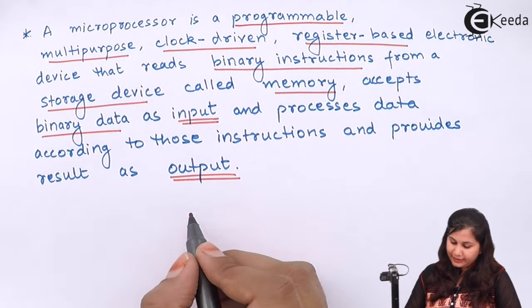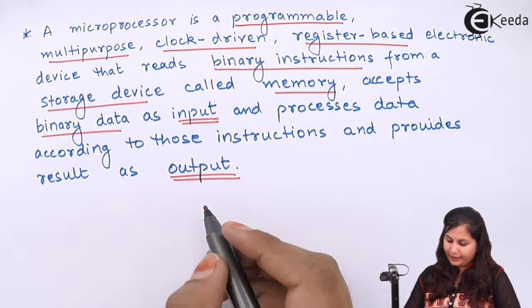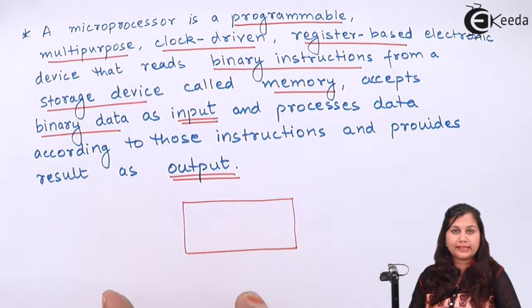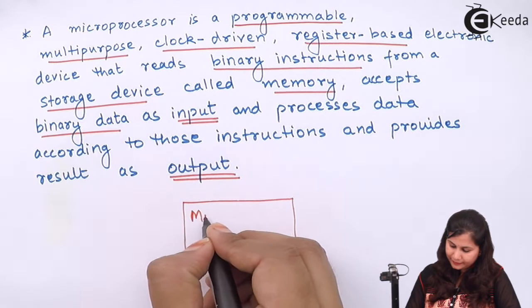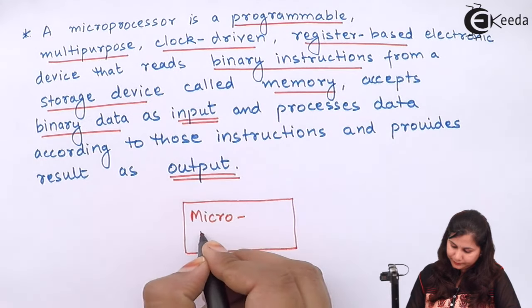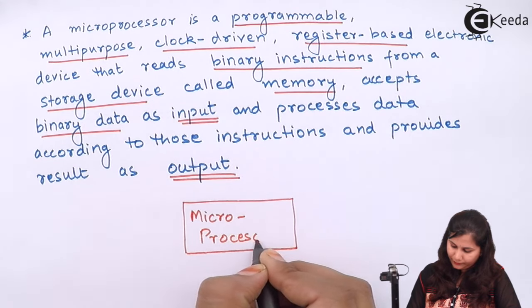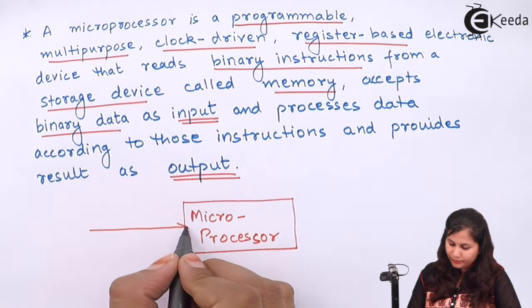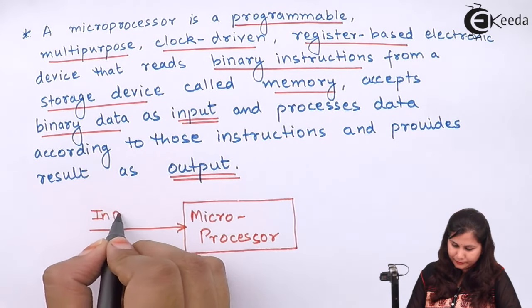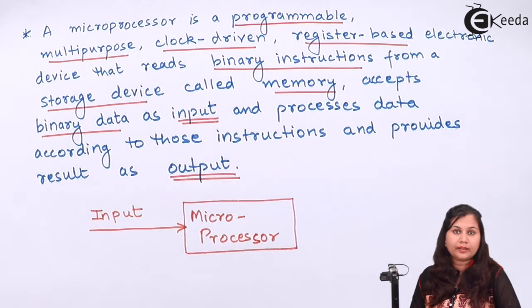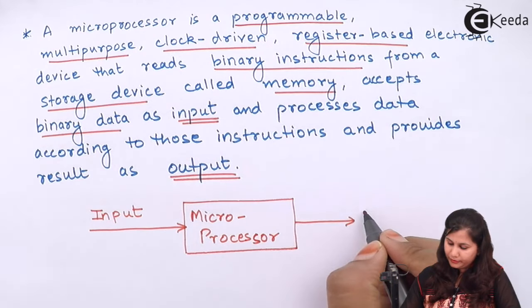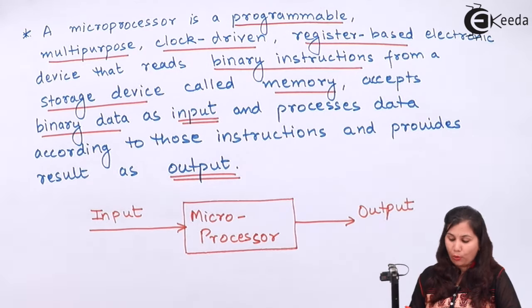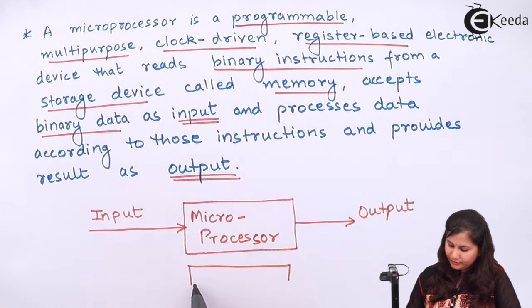So if we want to draw a block diagram, this is a microprocessor. It is the electronic device, and this device has an input, and it has an output, and also it has a memory.